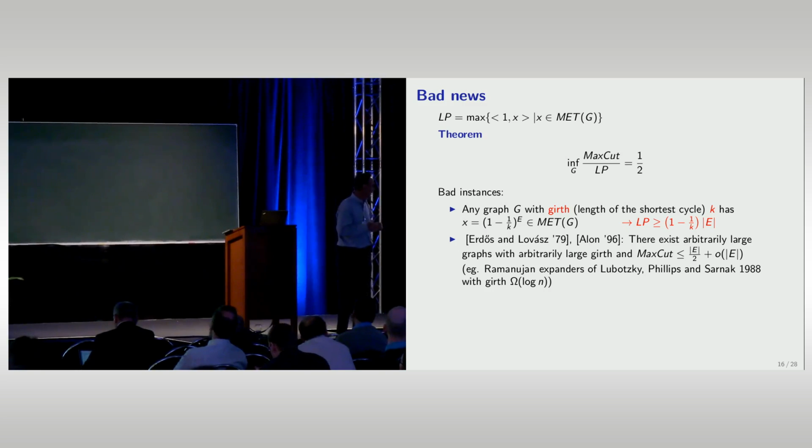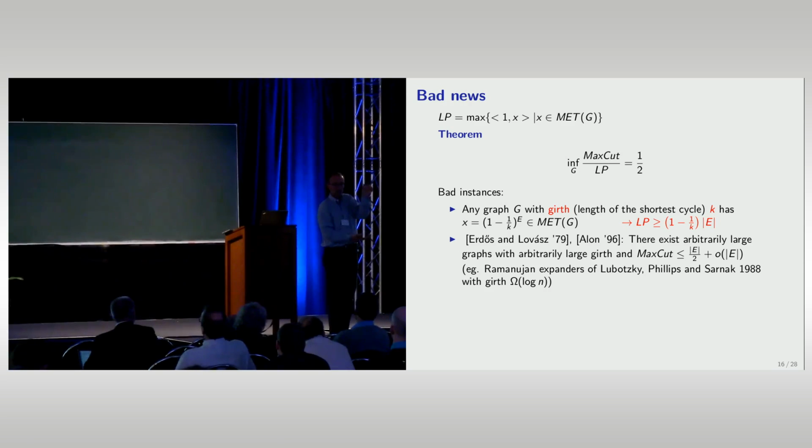But if you look at the Ramanujan expanders of Lubotzky, Phillips, and Sarnak, they have the property that the maximum cut is about half of the number of edges, but there exists a solution to the linear program that gives almost 1 to every edge. So it looks like all the edges are fractionally in the optimum cut, but the optimum cut is only half of that.